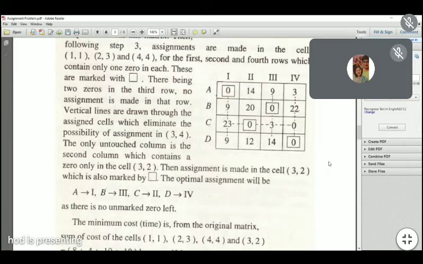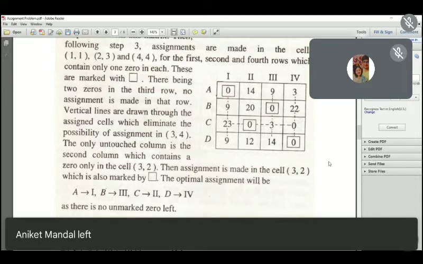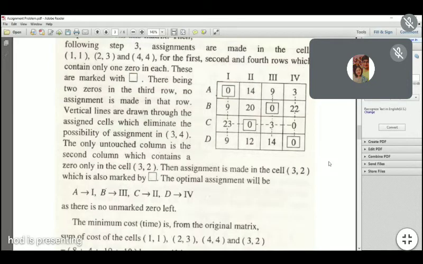So what is it that ensures that when I start allocating in this row and column wise manner, I get that 1 1 map in the end? That the minimum number of lines drawn is equal to the order of the matrix.